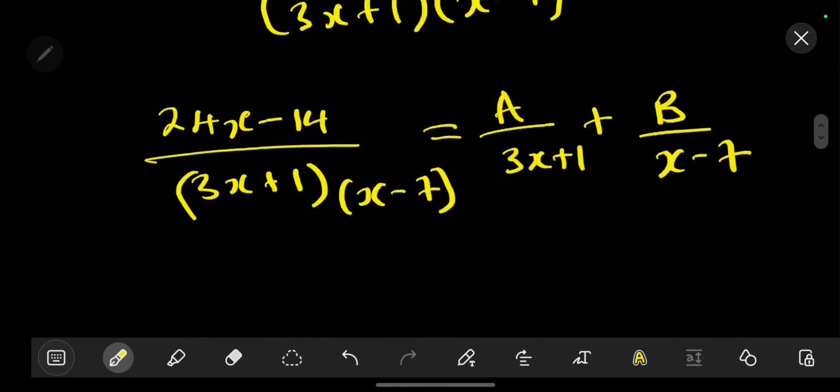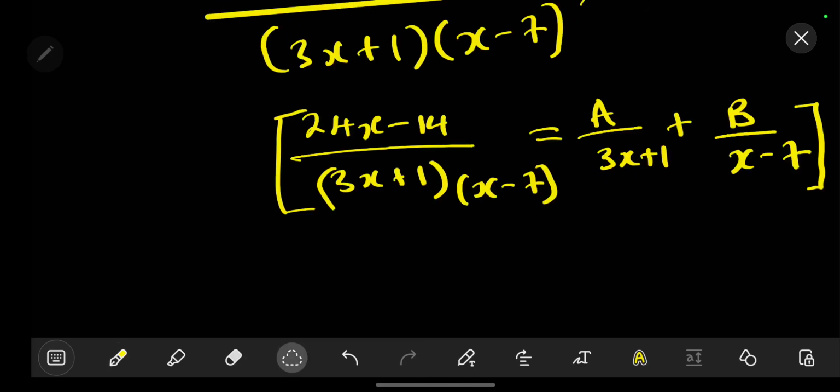After doing that, we are going to get rid of the denominators. How do you get rid of this? It is simply by multiplying the same thing throughout. So we have 3x plus 1 multiplied by x minus 7. When we multiply this throughout, this one is going to be cancelled.